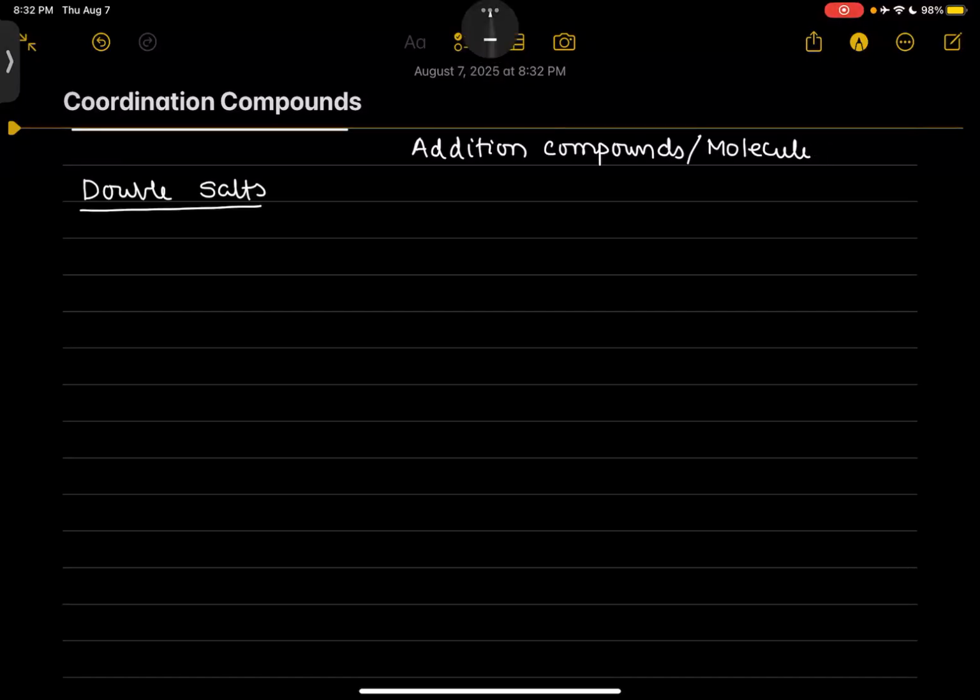Out of those two categories, we have two subcategories: double salts, and the other category is coordination compounds.